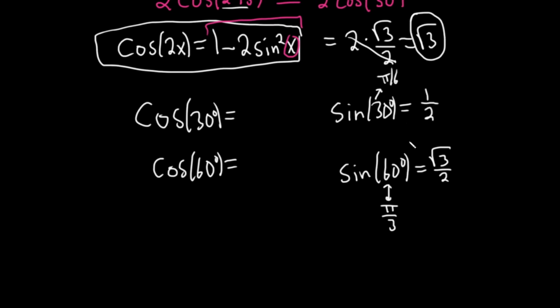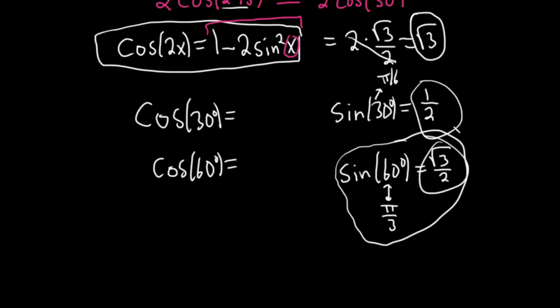So how do I know that? Because if you memorize just one of them, like say you just memorize this one, once you know that the sine of 60 or pi over 3 is the square root of 3 over 2, that means that the sine of 30 is the other one, so it's 1/2. These are the two that people often mix up in their minds. So memorize one, and then you know the other one is 1/2.